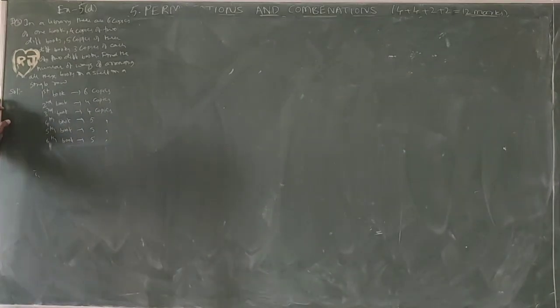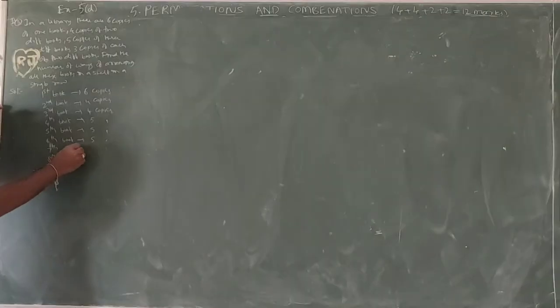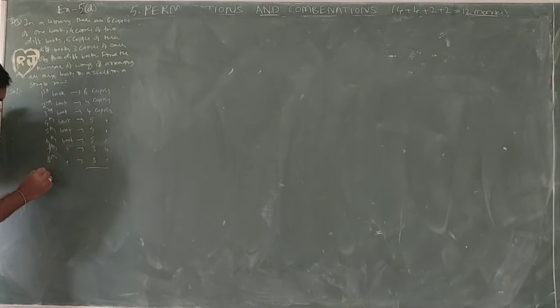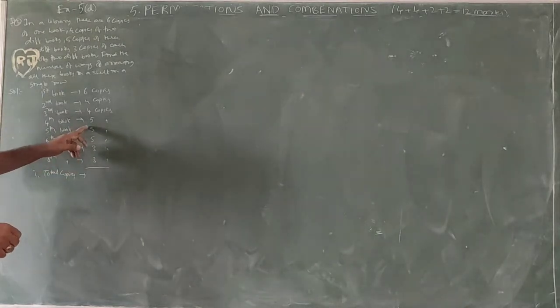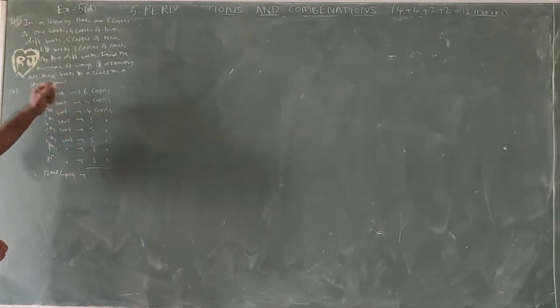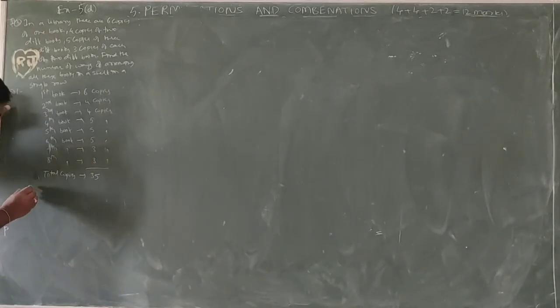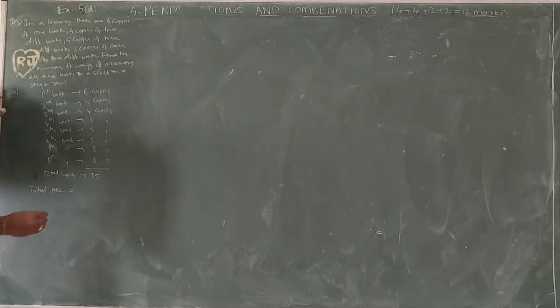Okay, now 3 copies of 2 different books, 7th, 8th. How many copies? 3 copies. Okay. Total copies: 3 plus 3, 6 plus 10, 16 plus 9, 25 plus 10, 35. Okay. Total permutation is equal to total 35 copies.